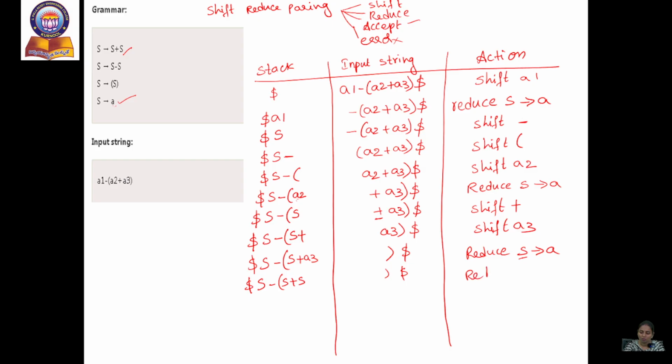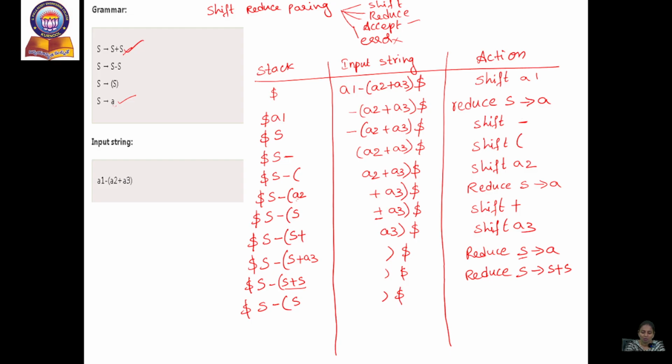So S plus S will be reduced to S. So dollar S minus open bracket, this S plus S will be reduced by using the first production here, and the remaining input string here is closed bracket and dollar.